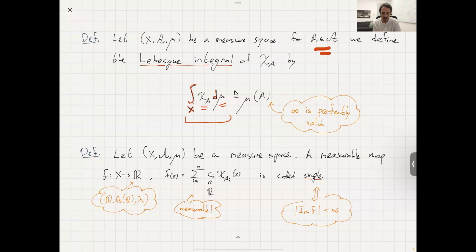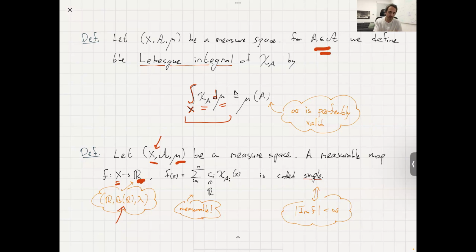So again, let's say you have a measurable space, a measurable map. So what is a measurable map? It's a function from X, from your set underlying the measure space, to the reals. But again, when you talk about a measurable map, you need to put measurable sets on the codomain, and when you write R, we always mean the Borel sigma algebra.